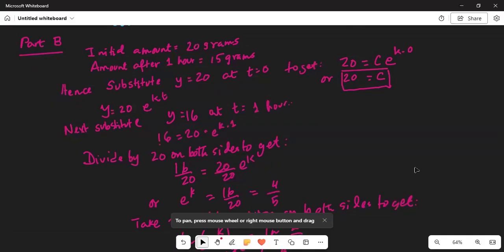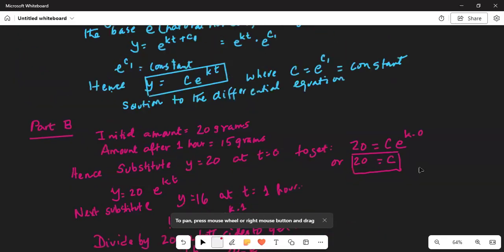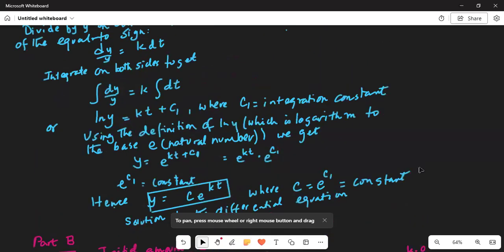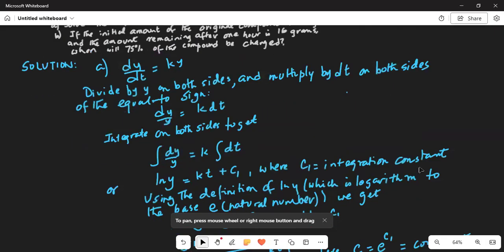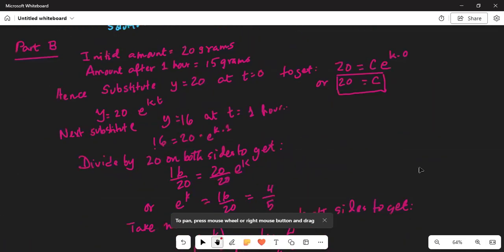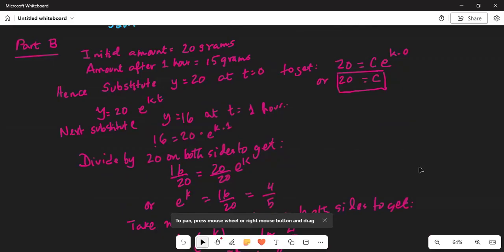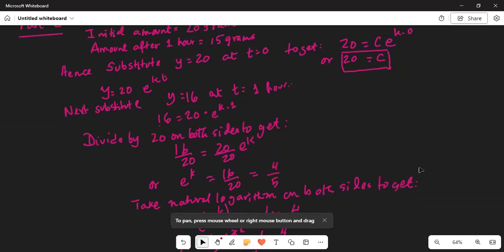Because we know after 1 hour, 15 grams is, actually it should have been 15, right? So let me look at the original question. 16 grams, not 15 grams. So 16 grams, yes. Okay, so 16 grams, we plug in t equal to 1.